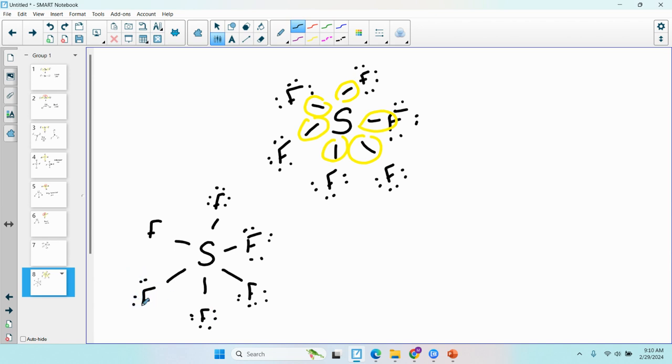I know it's a pain to put all of these electrons on the outer atoms, but you have to do that. You can't do a Lewis structure without finishing it off like that. So octahedral, this bond angle is 90 degrees. Yes, the central atom will hold more than 8. Yes, that is okay.